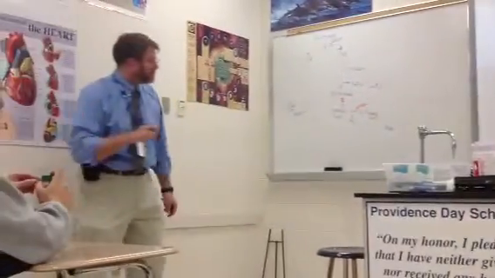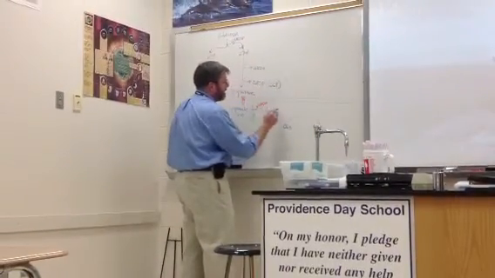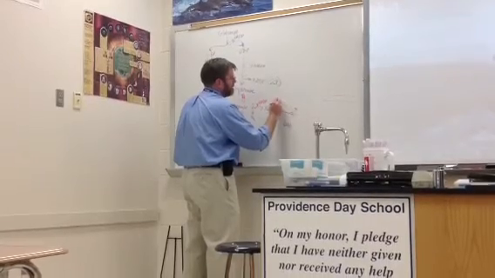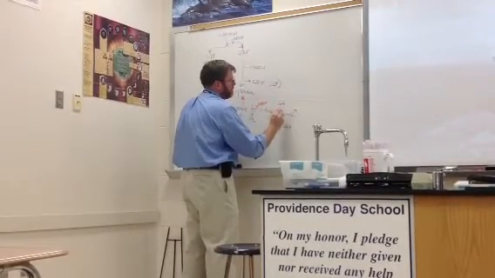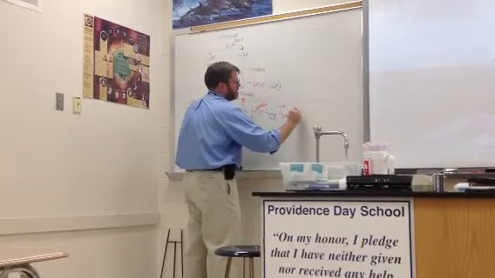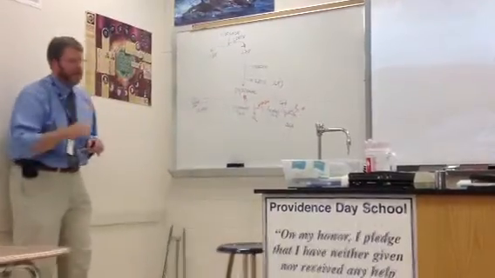We're going to add our acetyl group with the help of coenzyme A to make acetyl-CoA, and then coenzyme A is going to leave after it attaches the acetyl group to the OAA.